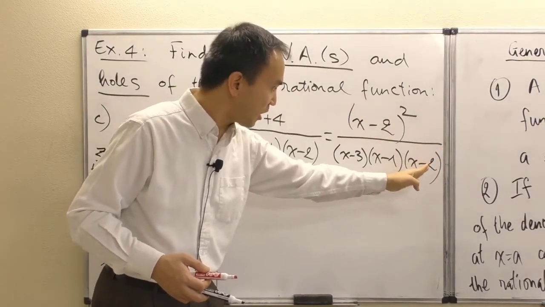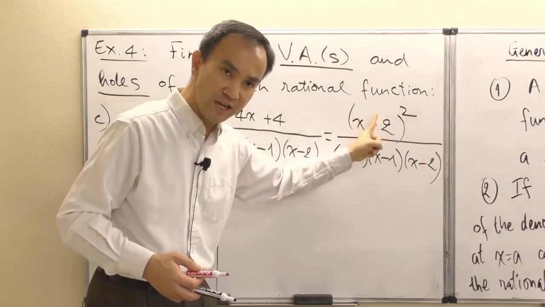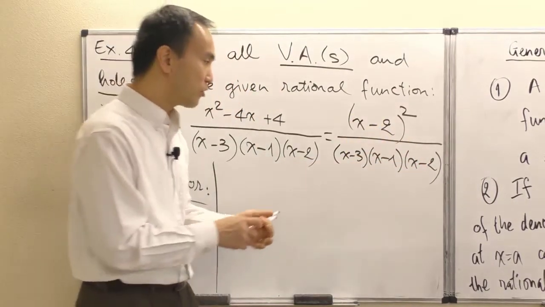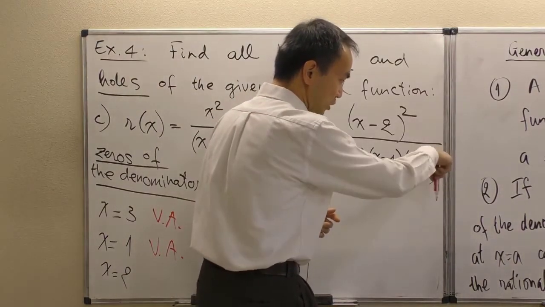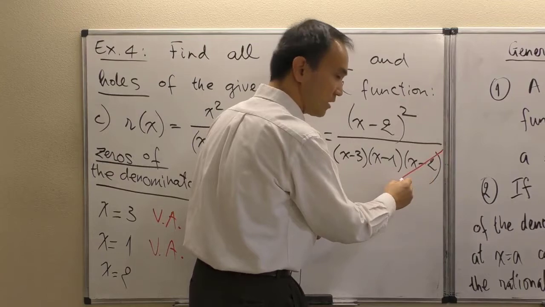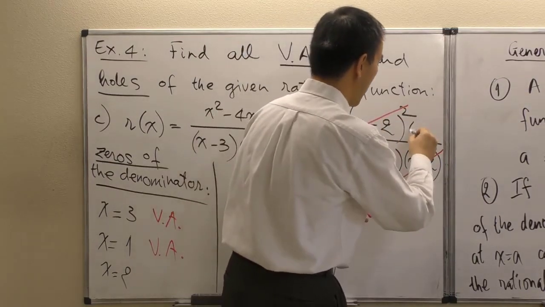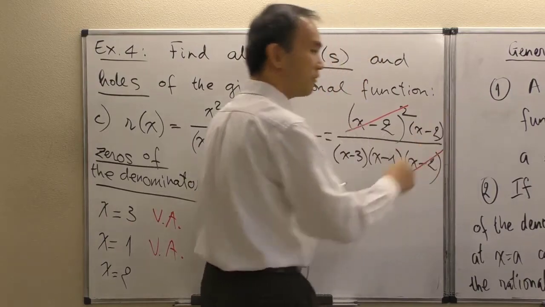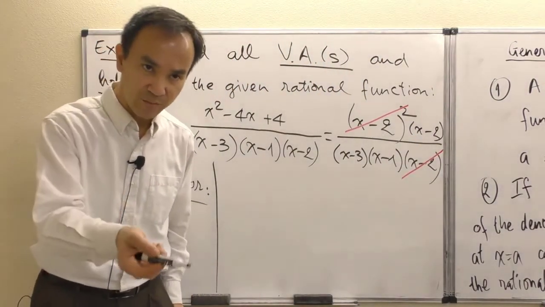The 1 in the denominator will get canceled completely into the 1 from the numerator, because the cancellation happens as follows. Now x minus 2 with multiplicity 1 is canceled completely, and in the numerator there's still one x minus 2 left over. That's how cancellation works, canceling out common factors.